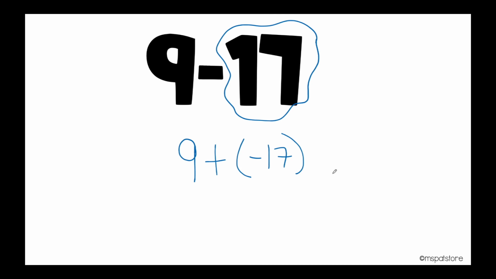Remember that when we are adding integers with different signs, we need to subtract them. So 17 minus 9 is 8. And the one with the greatest absolute value is negative 17. So your final answer will be negative 8.